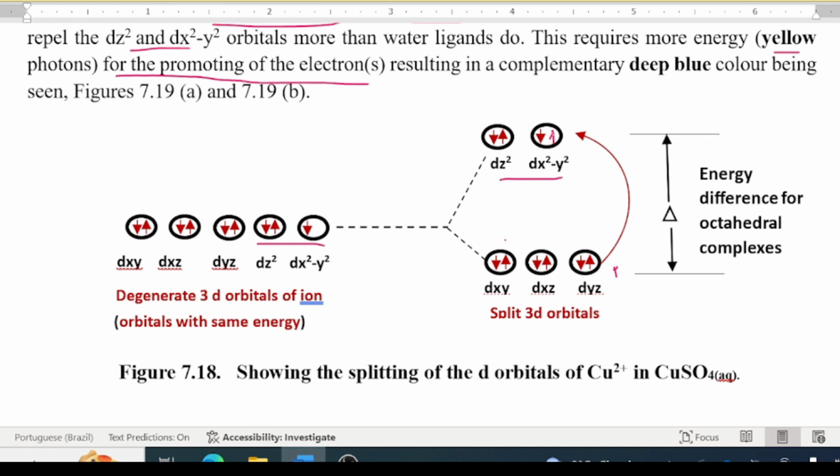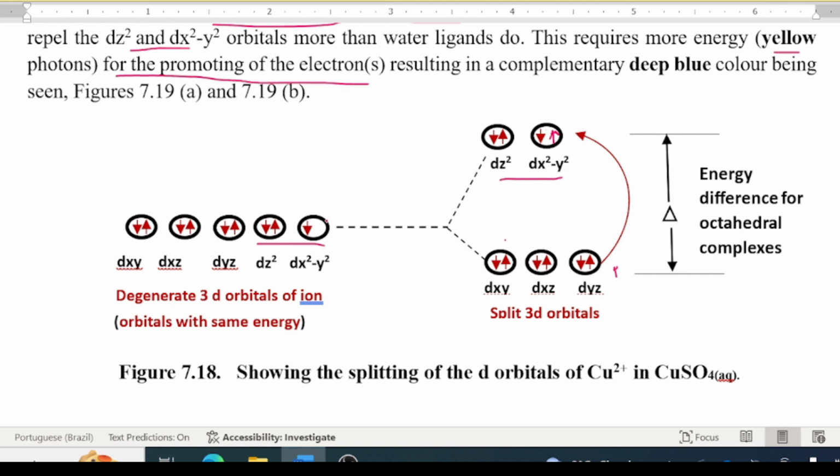But it needs energy. That is why we say that it will absorb red photons from light. And because it is absorbing red, what comes out of the solution now is cyan looking color, which is complementary to red.